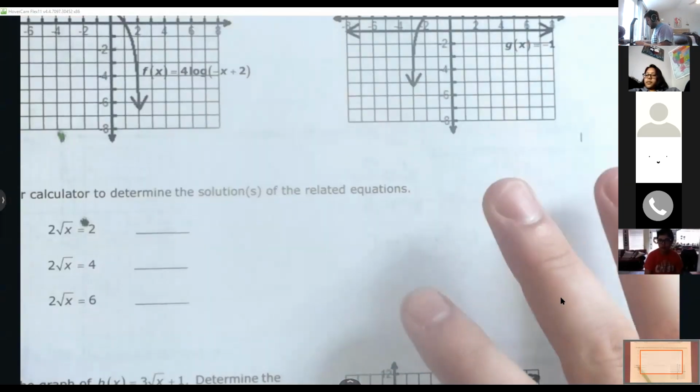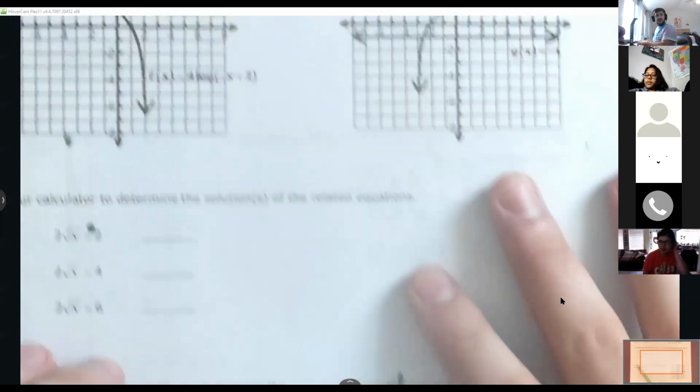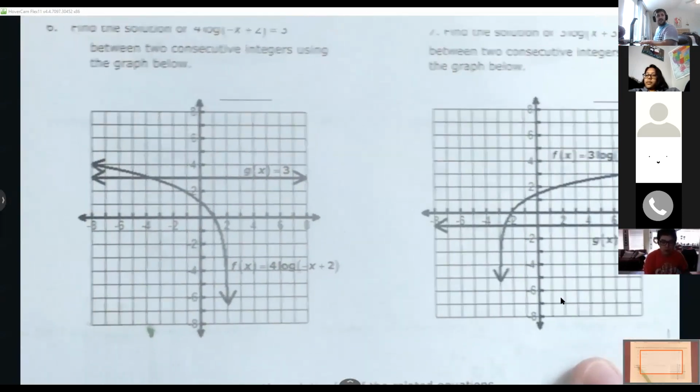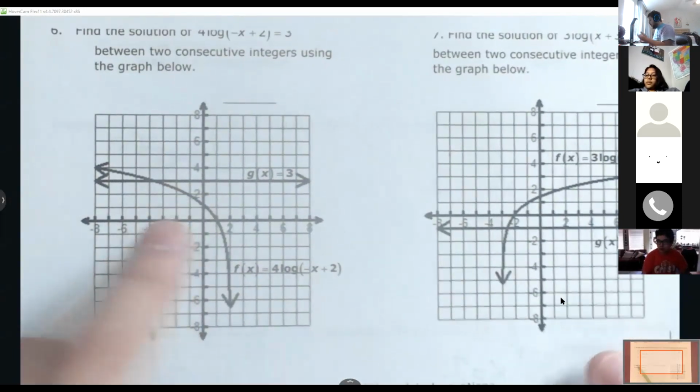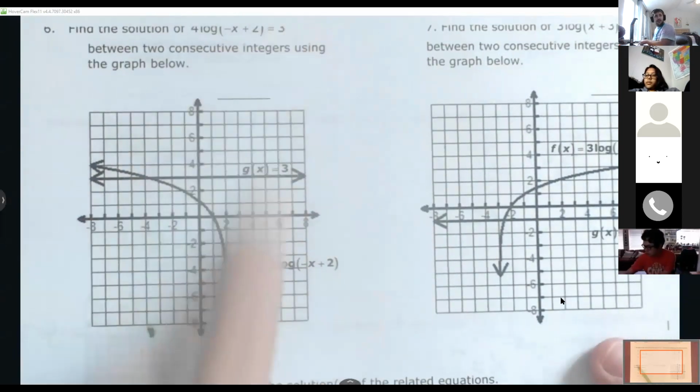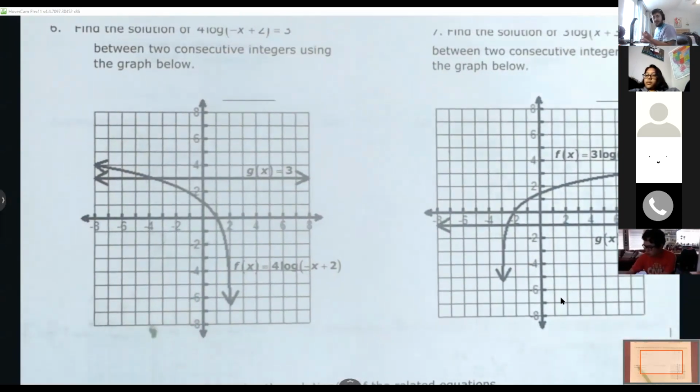All right, let's take a look at a couple more of these. Like number 6 over here on the left. It got cut off up here, but just looking at it, what would be my solution? 3? Positive 3?